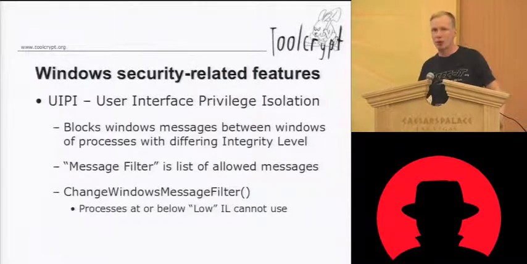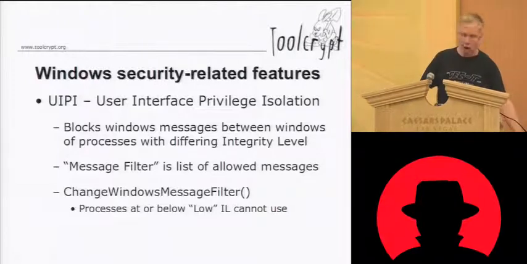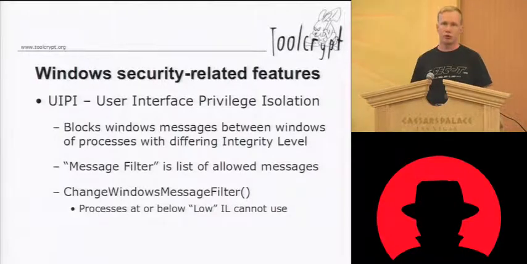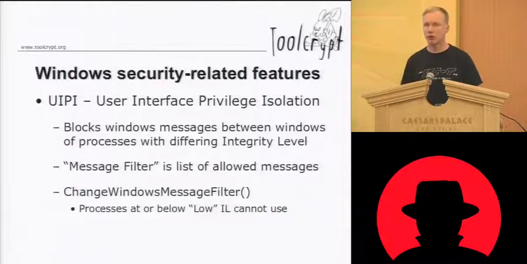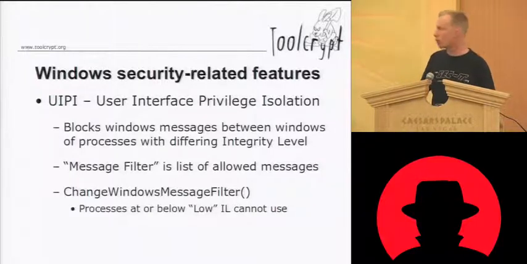So, for example, if I were to exploit a vulnerability in Internet Explorer or a plugin of Internet Explorer and get access to that process, of course I have a window open on the user's desktop where he might have some other applications that have been elevated to domain admin privileges. But since the protected mode of Internet Explorer is running as low IL, it can't send anything but benign messages that are on this whitelist to other processes of higher integrity level.